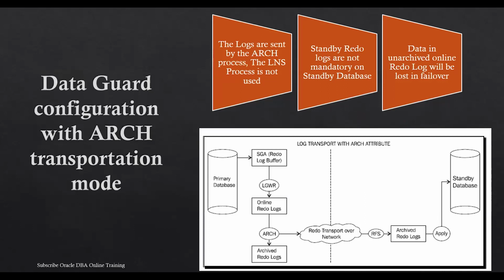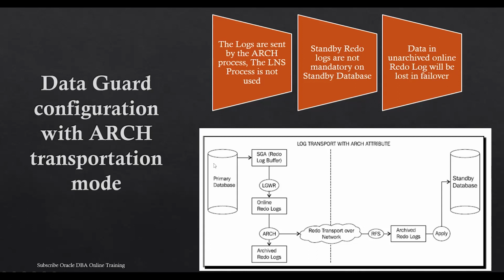Now we can see different configuration options that we can use. Whenever we are enabling archive process transportation, you can see on the diagram that the logs are sent by the archiver process.